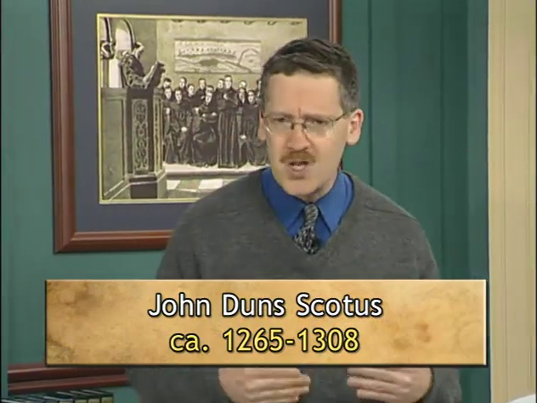This was proposed by the Franciscan theologian John Duns Scotus, or John the Scot. By the way, I should mention that in the Middle Ages, Scotus, the Scot, doesn't mean what we call Scots. It means Irishmen. The Scots were then called the Picts. He was born about 1265, died in 1308.